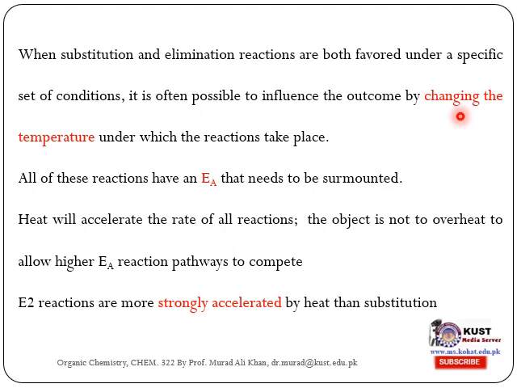So by changing the temperature, we can influence the outcome of the product. If we increase the temperature, we will get the elimination product. If we decrease the temperature, we will get the substitution product.